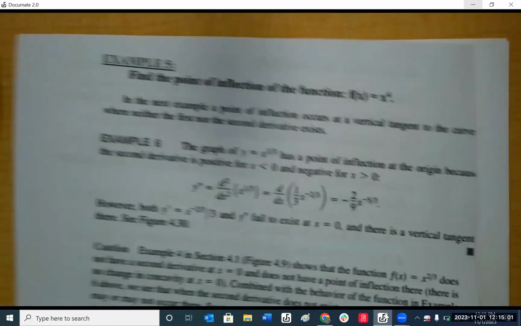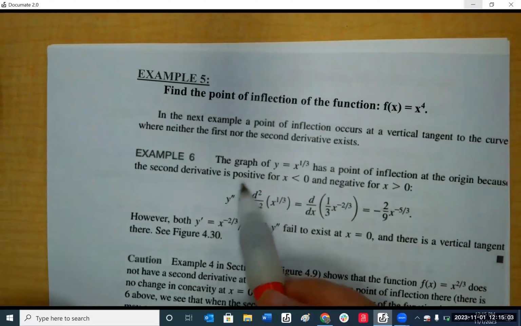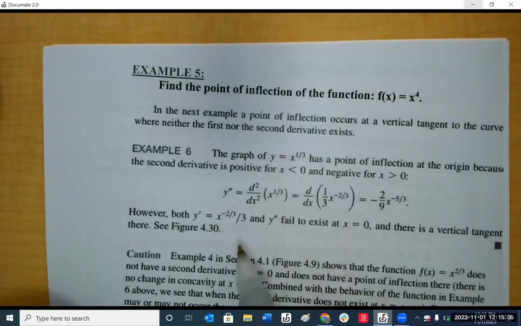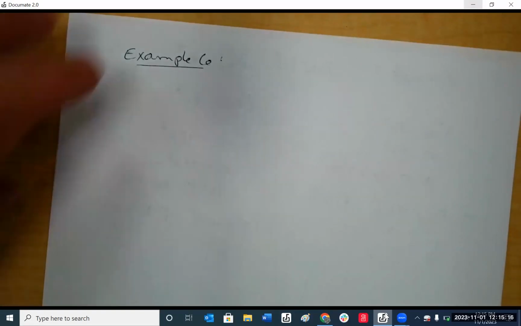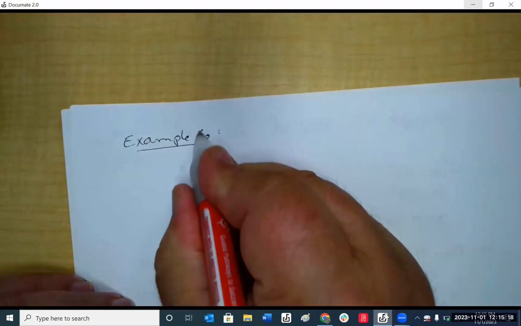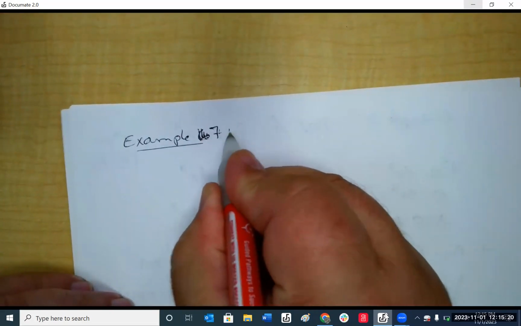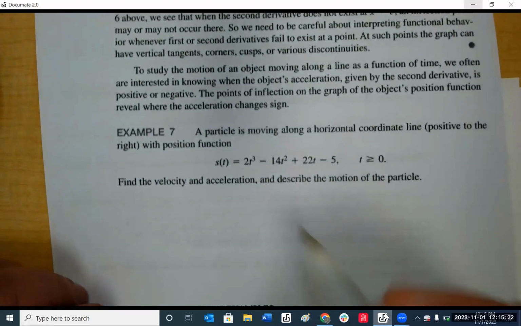Example 6. This one here, the graph of... that's what we just did. Oh, we just did that one. This is example 7, I'm sorry. Example 7.